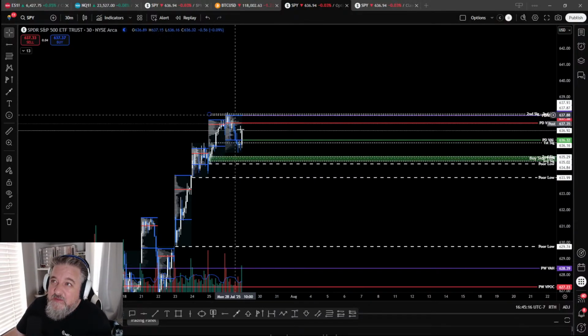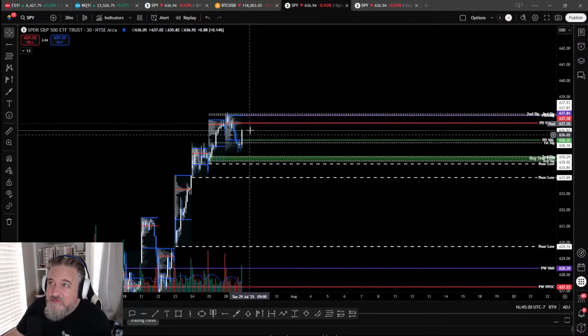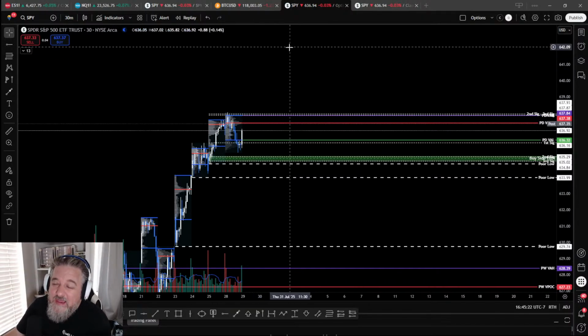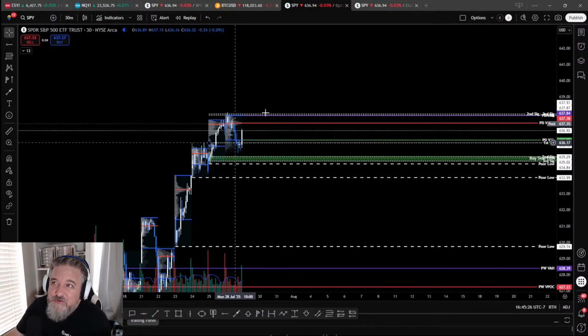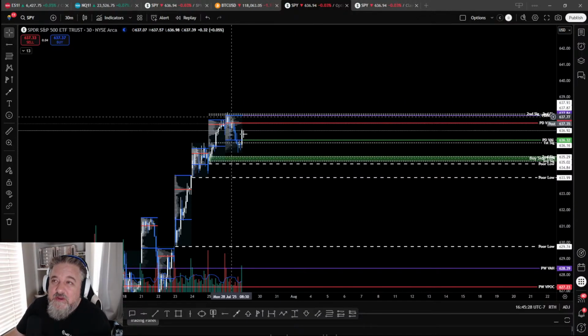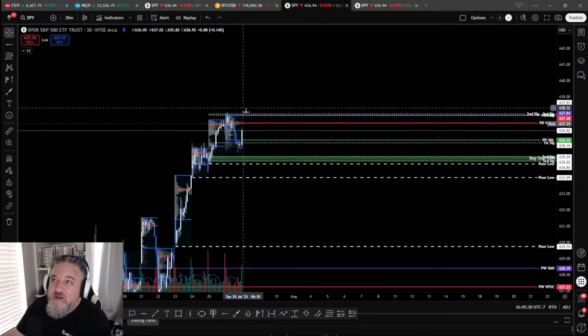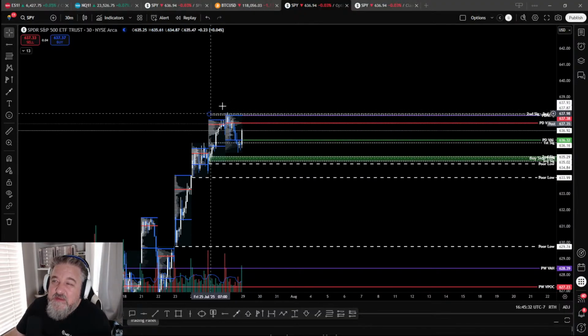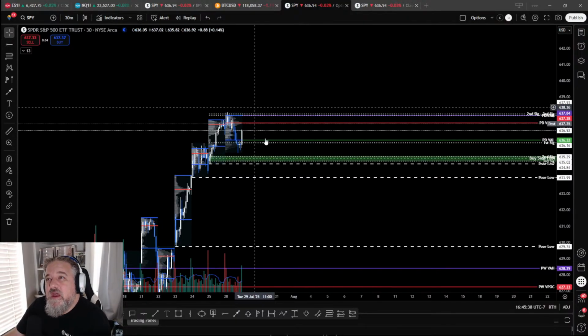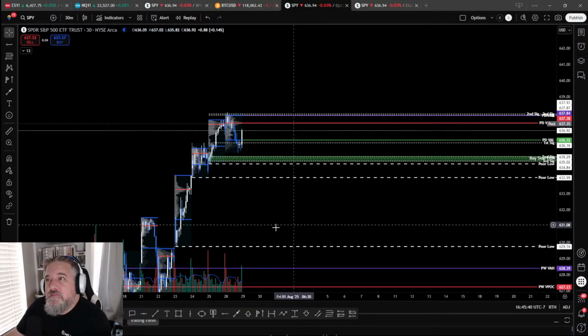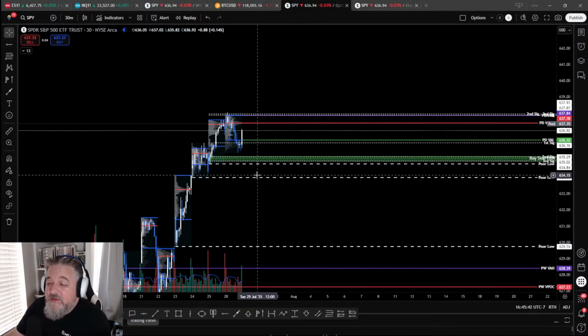With FOMC coming, there's still a chance we smash through this and go way higher. But if we didn't have such a major news event, I would be pretty bearish right now based on our volume profiles, these stacked SIGs at the top, tight volume profile range. And I would be looking for some selling.